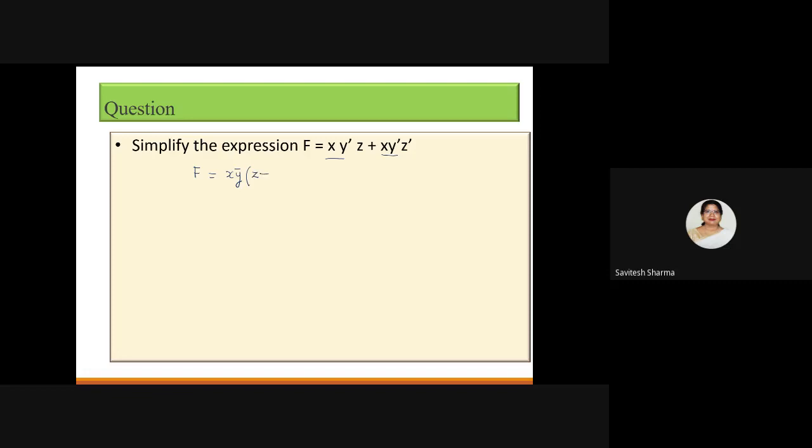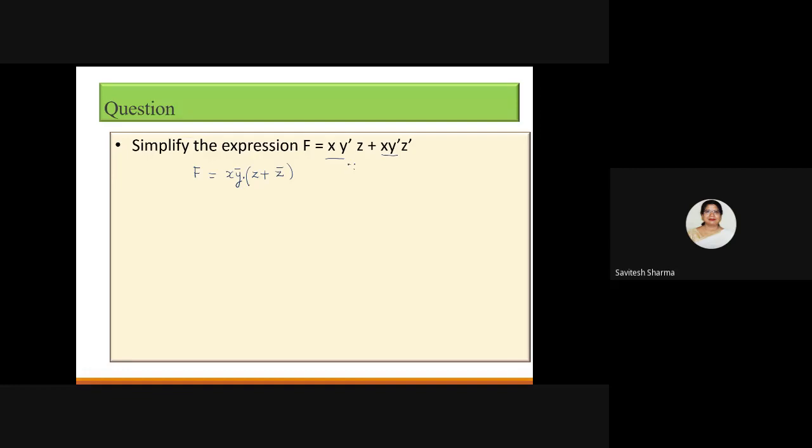Okay, so this is my z plus z complement. I am taking common, so what is this theorem? In the exam, whenever you do this, please write the step as well as the theorem.